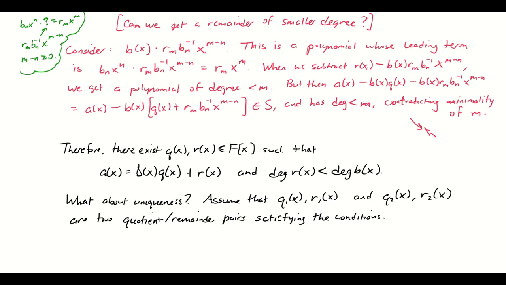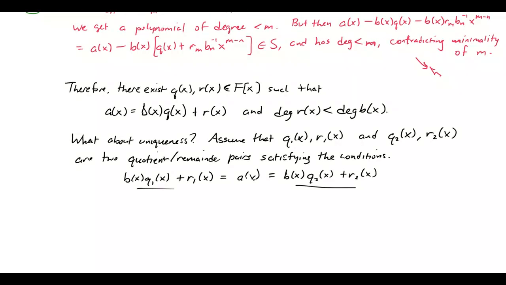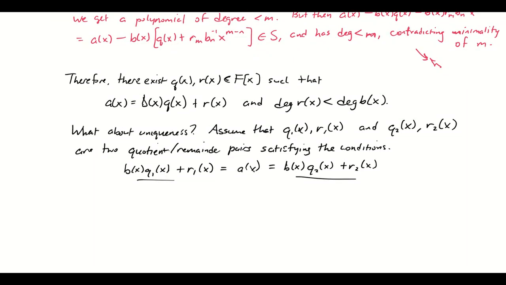Okay, then what does that mean? So that means that b of x times q1 of x plus r1 of x has to be equal to a of x, which must also be equal to b of x times q2 of x plus r2 of x. So these have got to be the same. Let's start there and see if we can make some hay with that.